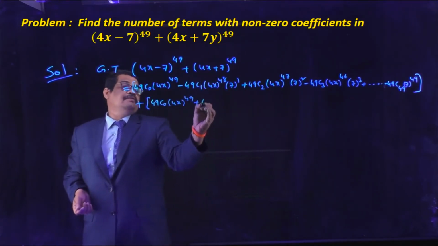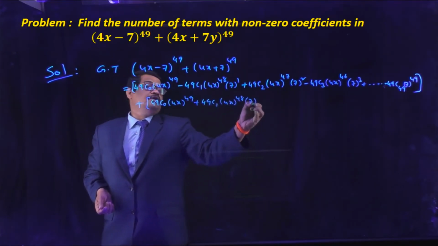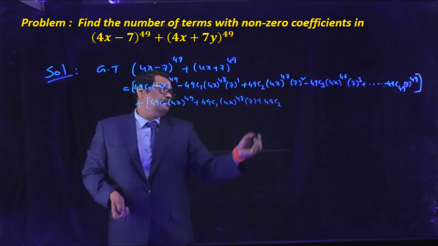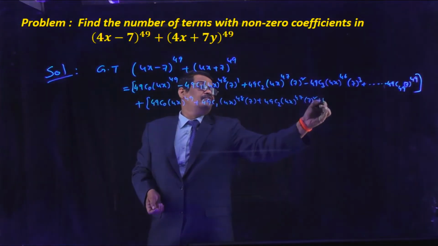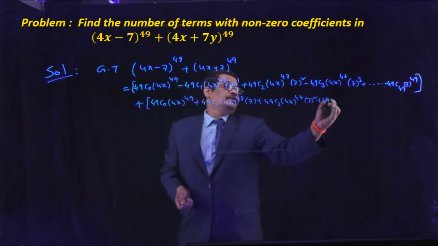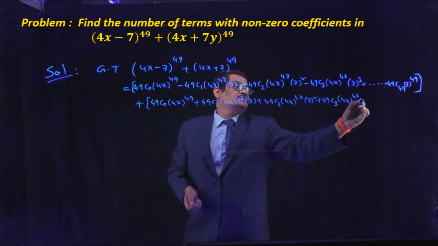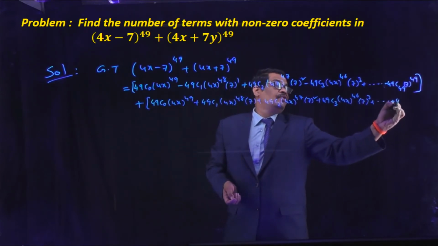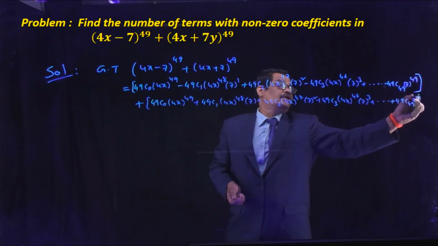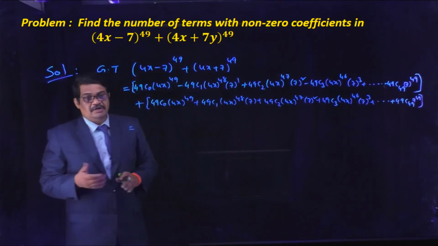Here 49C1 (4x) whole power 48 into 7, 49C2 into (4x) whole power 47, 7 square, plus 49C3 (4x) whole power 46 into 7 cube, and so on, plus 49C49 7 power 49. Okay, these are the expansions of the given binomial terms.